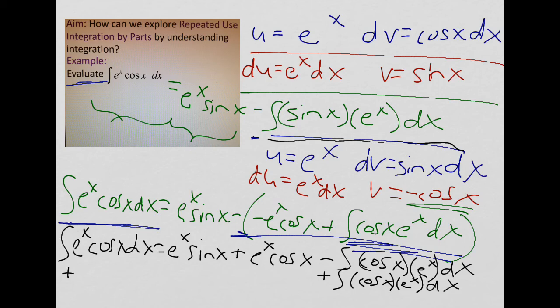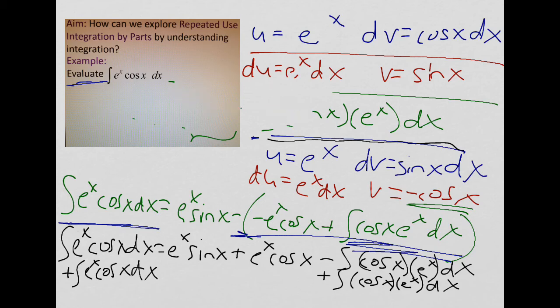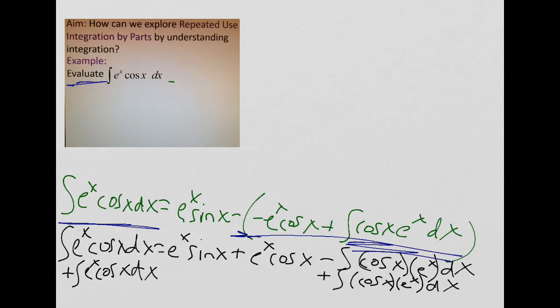You're probably wondering, with that being said, she ran out of space to finish this problem. So I'm going to have to erase what we have at the top here and rewrite it. Hold on. Okay.